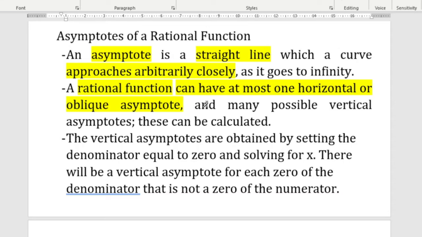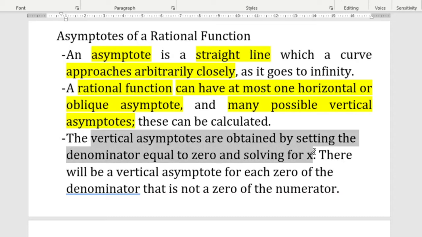However, our rational function can have many possible vertical asymptotes. Vertical lines that our graph approaches as close as possible but never touches. The vertical asymptotes are obtained by setting the denominator equal to 0 and solving for x.